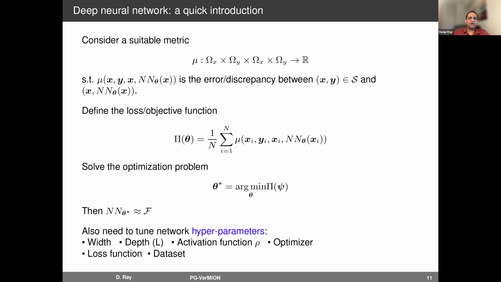Of course, you have to find all kinds of hyperparameters. For instance, how many layers do you want? How wide should the network be? What should be the activation function? How should you solve this optimization problem? What is the suitable loss function? In other words, what kind of metric should you use to measure the discrepancy? What should be your training data set and your validation data set? These are all hyperparameters.